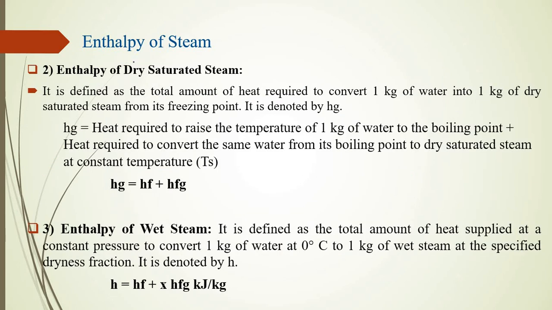Then after the enthalpy of dry saturated steam, it's defined as the total amount of heat required to convert 1 kg of water into 1 kg of dry saturated steam.